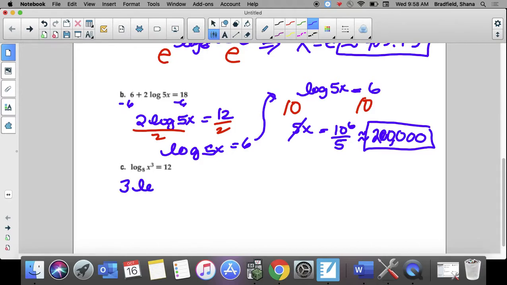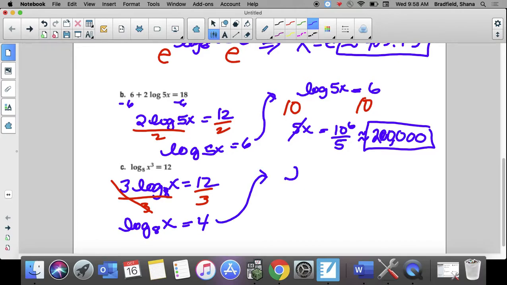I'm going to say 3 log base 8 of x equals 12. And now I can divide by 3. And I have now log base 8 of x equals 4. Okay, now I've got something to work with.